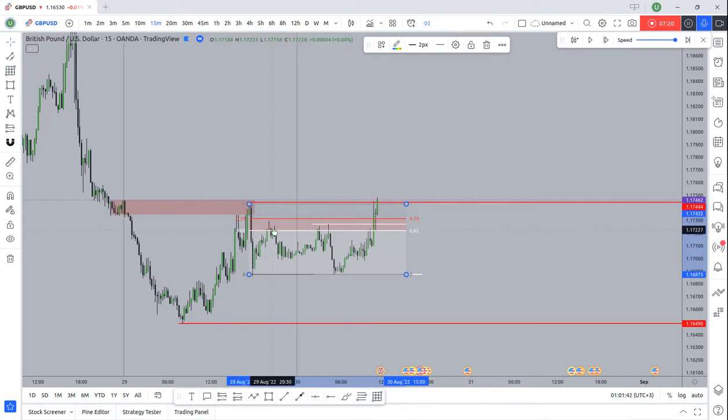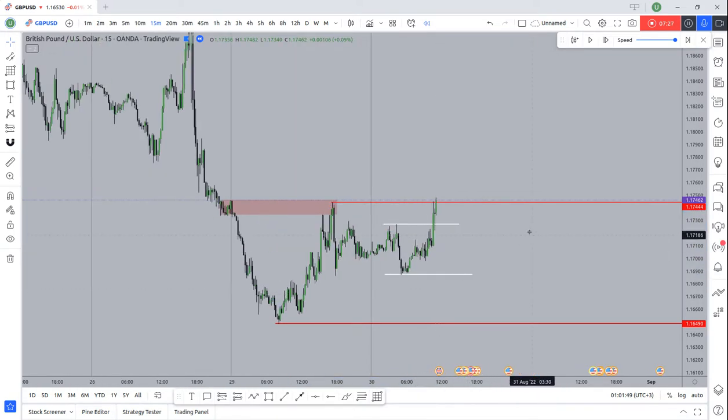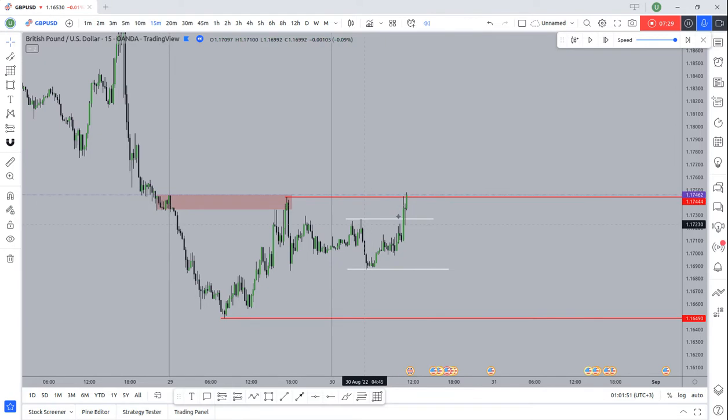You could say that it was filled up because price went beyond 62%, so I could say that it was filled up. But anyways, price is grabbing liquidity.